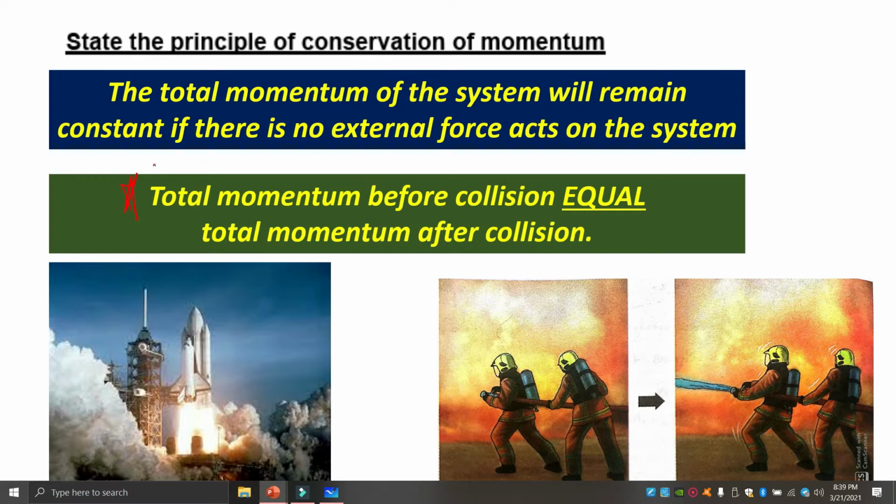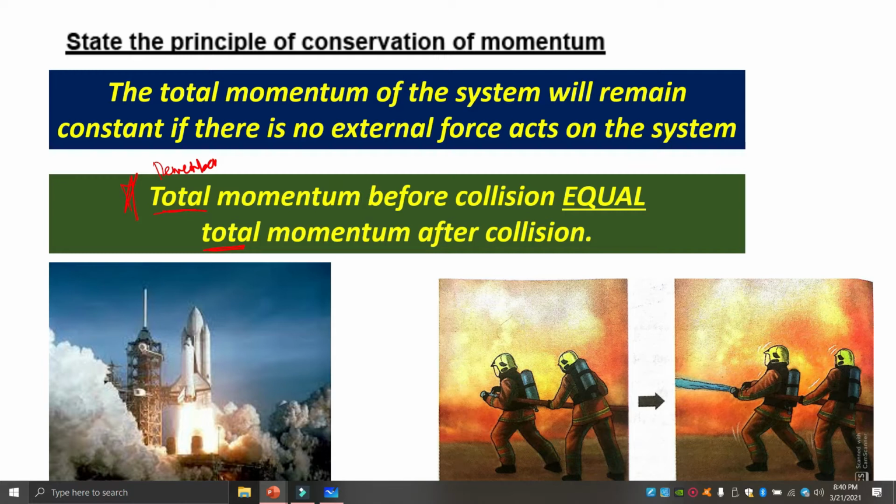This one you must remember. This is the very important part. The total momentum before collision equals the total momentum after collision. But if you put momentum before collision equals momentum after collision, it's wrong. You must have the word total. Later I will show you why we need to put the word total, because sometimes in the exam paper they will just put momentum before collision equals momentum after collision to confuse you.